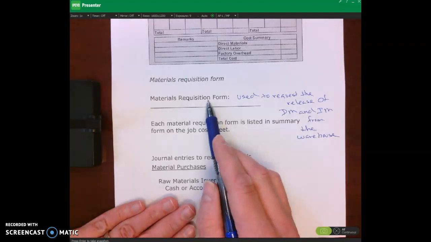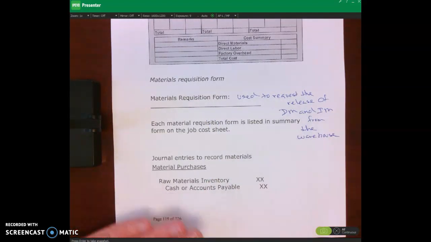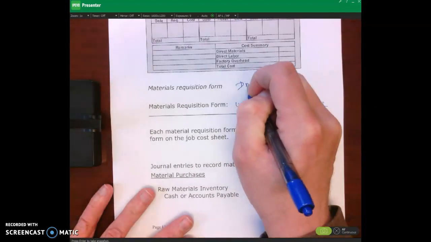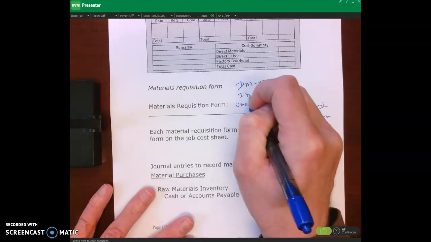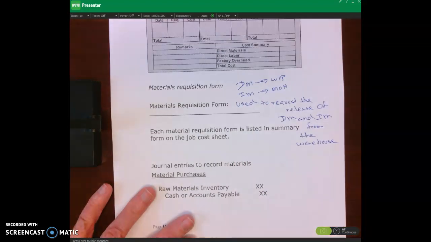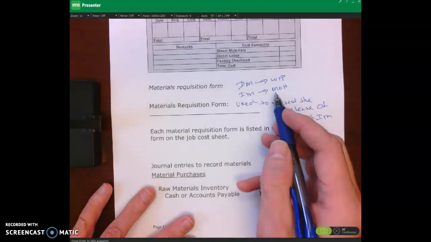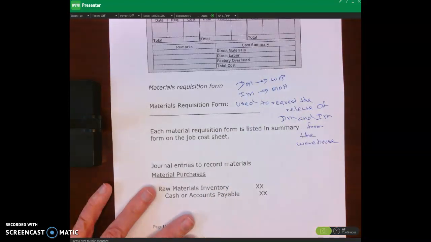And so that materials requisition form is used to ask the warehouse to send us our direct materials and our indirect materials. Now, remember, direct materials go to work in process, but indirect materials go to manufacturing overhead. Okay? Indirect materials are part of manufacturing overhead. Direct materials, we're going to go straight to work in process. All right?